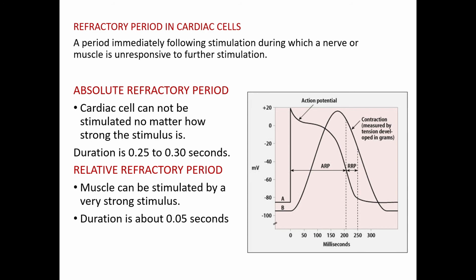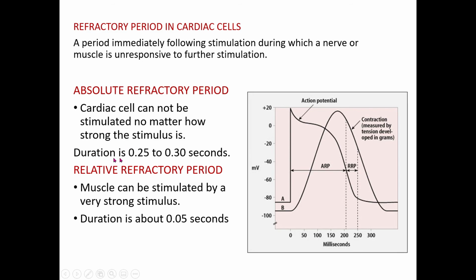It means if you give more than two stimuli continuously, the muscle will not respond, because there is a refractory period during which the muscle or nerve cell will not respond to another action potential. So basically we have two types of refractory period: absolute refractory period and relative refractory period.